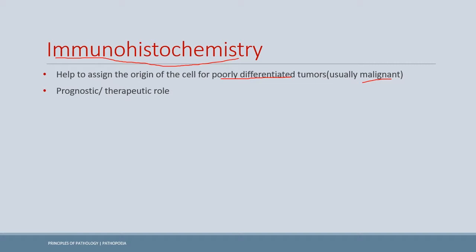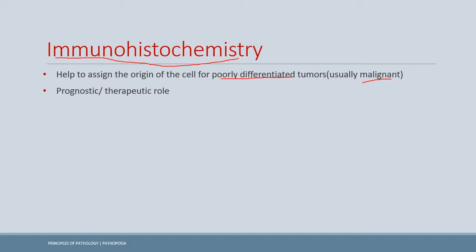If we are not able to tell the origin, how can we do the therapeutic measures, because we have drugs which are targeted to the receptors of a particular tissue, so we cannot have the therapeutic advantage.